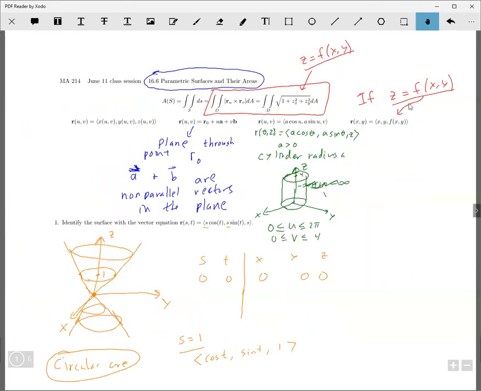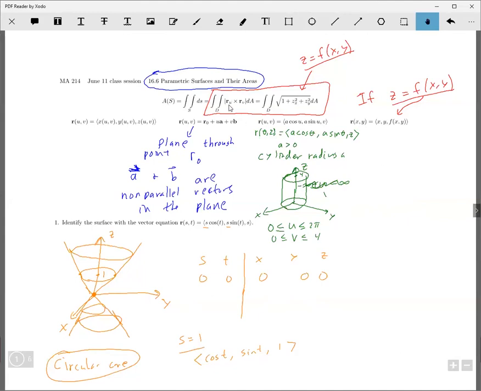This is exactly this piece right here. This is how you parameterize if you have the last one in terms of z, if you have z equals f of x and y. Now your x is kind of like this u. In general you have u and v, but it doesn't really matter what variables you have. You have one variable and just two variables. Here they're x and y, here they're u and v. In the formula they're u and v, but if you've got x and y, then they're x and y.